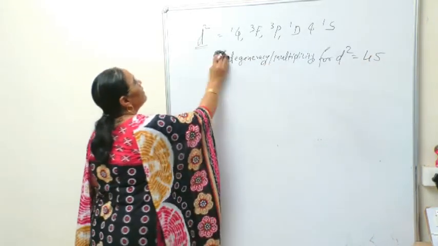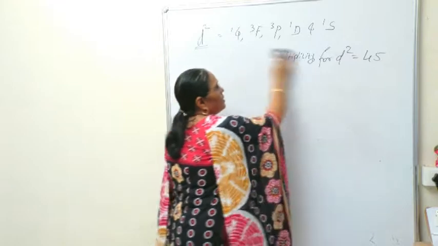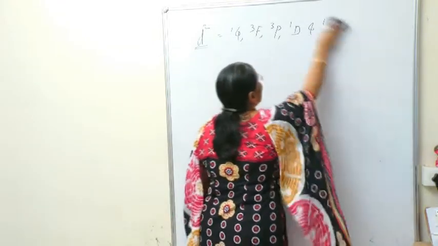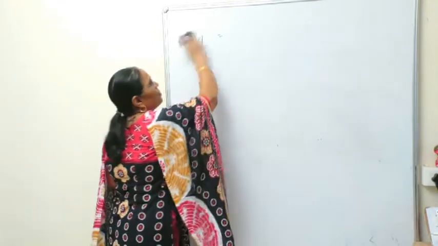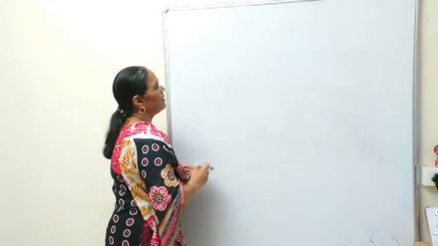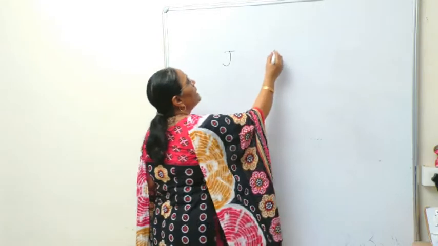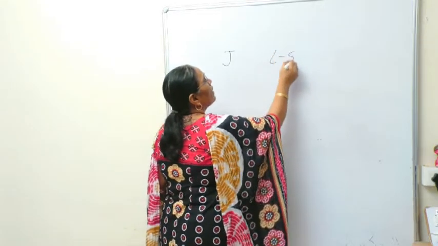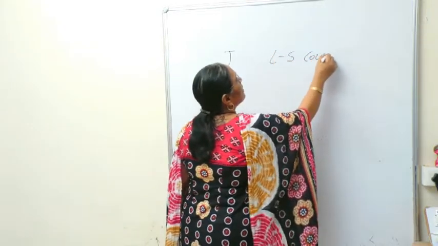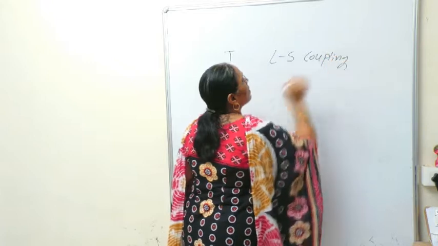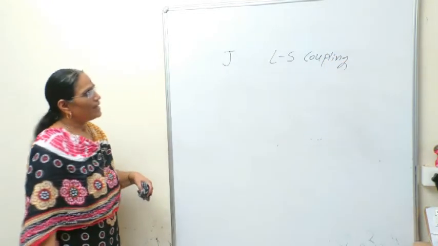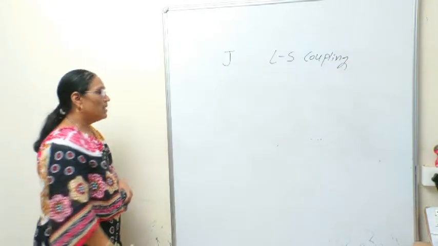Next, we will determine the spin orbit coupling values which are shown by the symbol J. That is spin orbit coupling or LS coupling, or it is also called RS coupling. In LS coupling, J values arise.